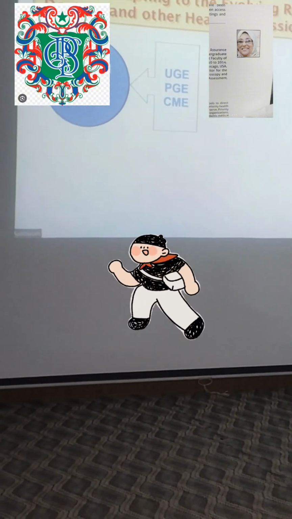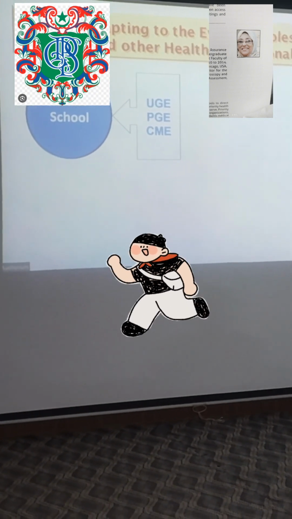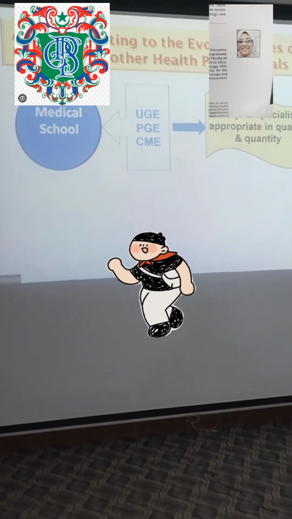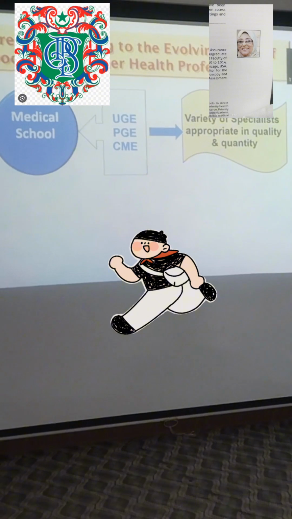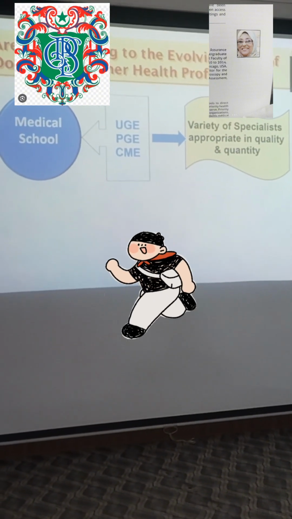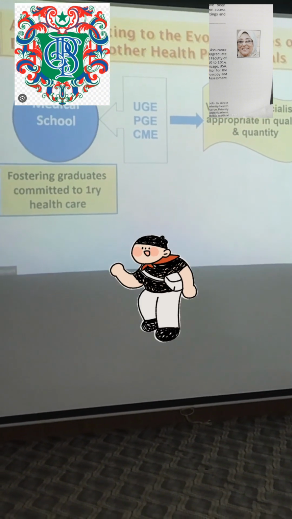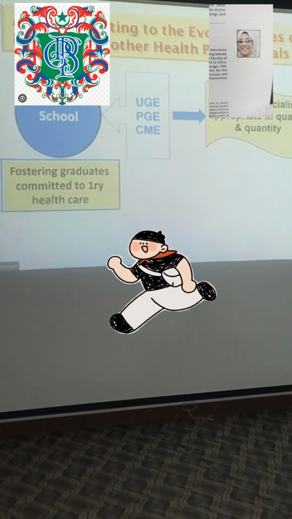Still in area 3, the medical school's undergraduate education, postgraduate education, and continuing medical education should produce a variety of specialists appropriate in quality and quantity. The medical school should again foster graduates committed to primary health care.